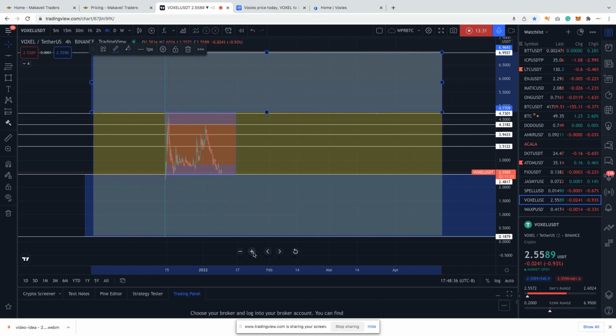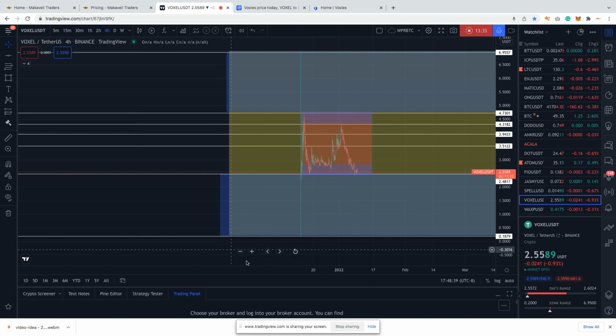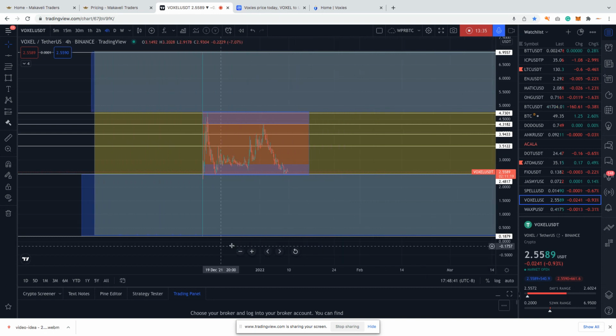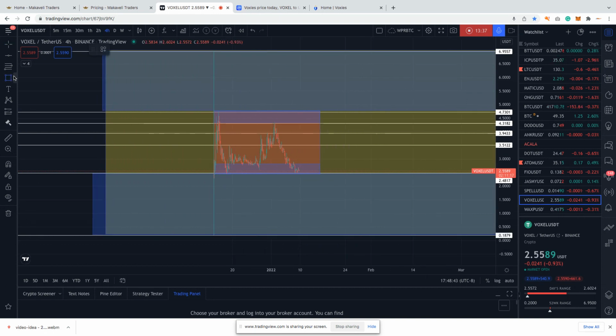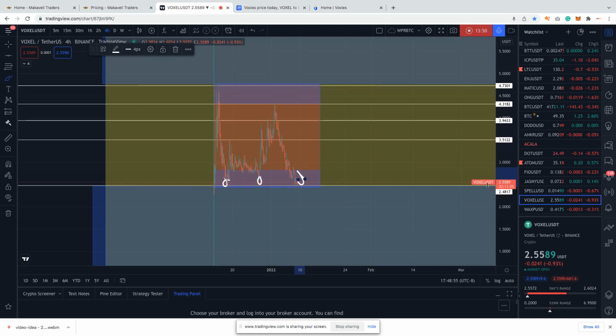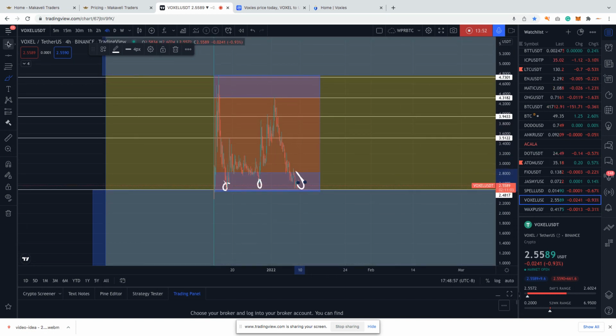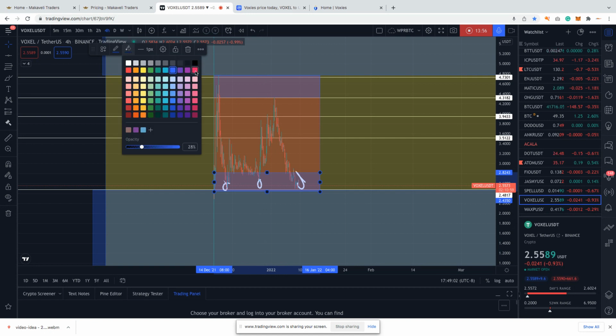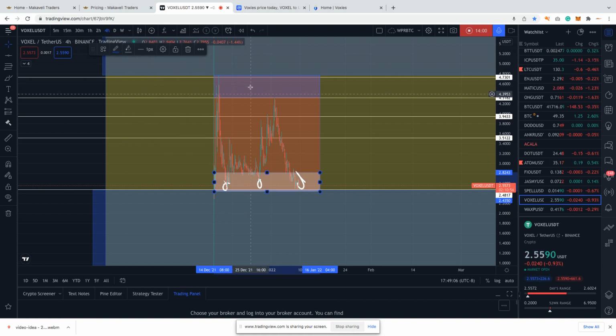So with this little overview of what I have, here's what I make of this chart. The first thing I notice is we are on a support that is likely going to break anytime soon. Why? Because this is the first touch, this is the second. Now, one thing about price is that it is still respecting this demand area.